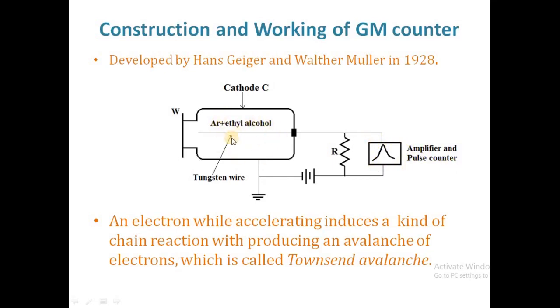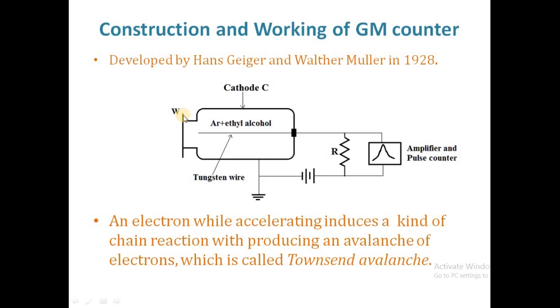The tube is filled with inert gas like argon mixed with the vapor of some volatile compound like ethyl alcohol, which is a quenching agent, in the ratio of 10:1 at a total pressure of about 10 centimeter of mercury. The potential difference between the anode and cathode of these tubes is usually around 1000 volts.